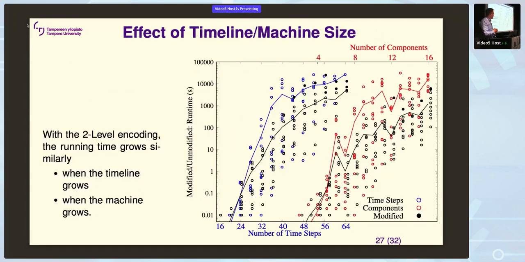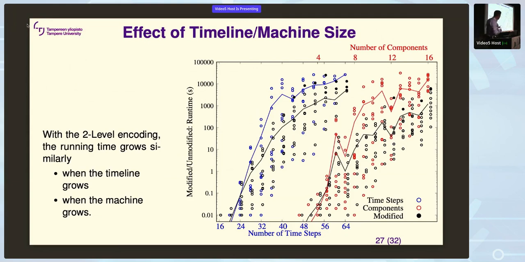And then we also compared the situation when we grow the timeline or we grow the machine. Does the pruning work only for small examples, or does it work in a similar way?